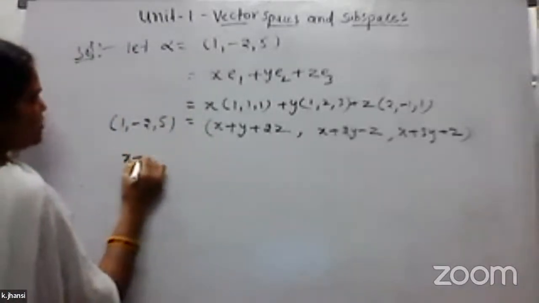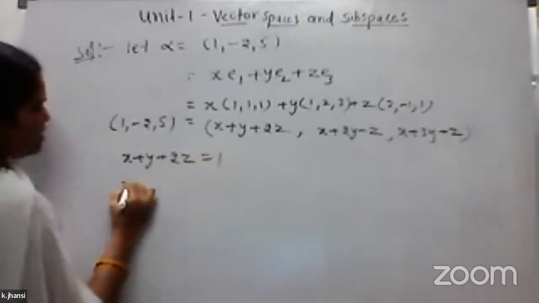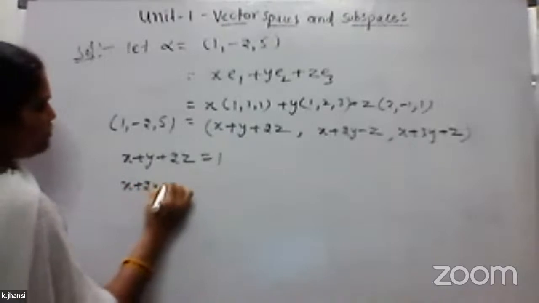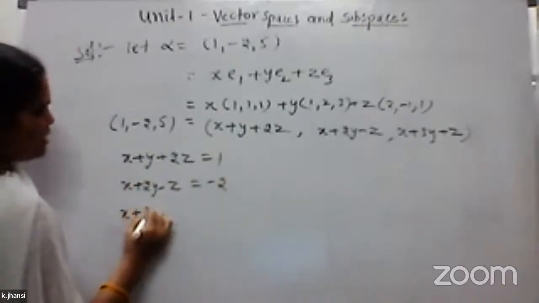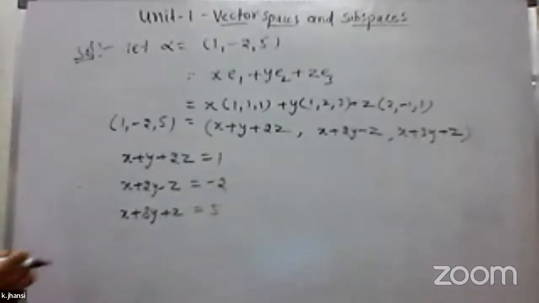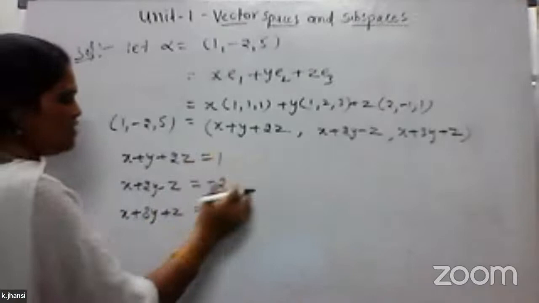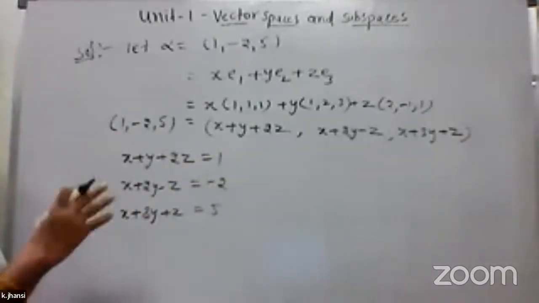So X plus Y plus 2Z equals 1, X plus 2Y minus Z equals -2, X plus 3Y plus Z equals 5. Directly you can put them as equations 1, 2, 3 and solve them to find the X, Y, Z values.